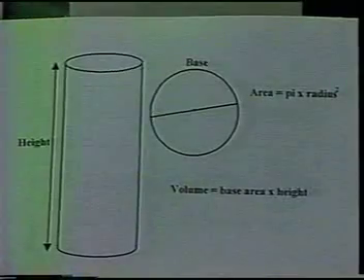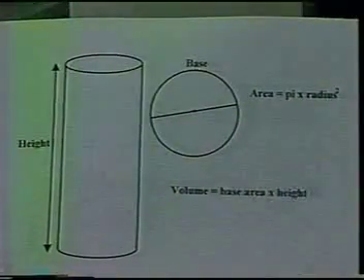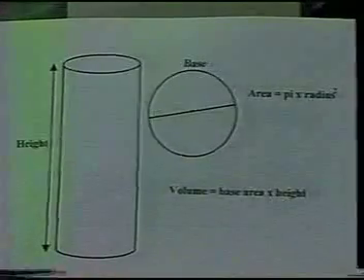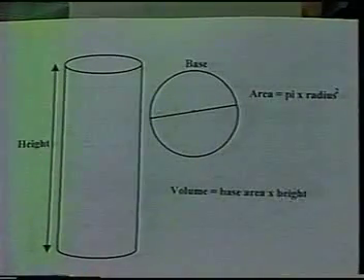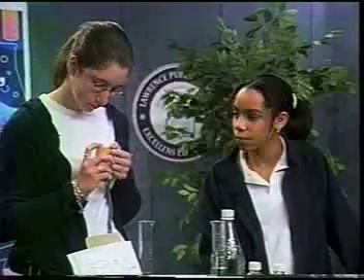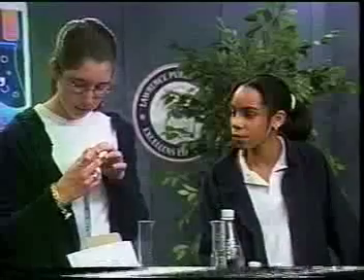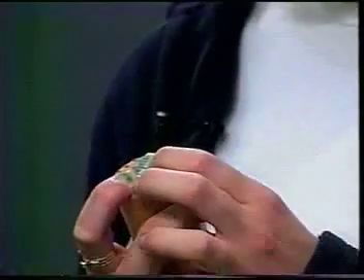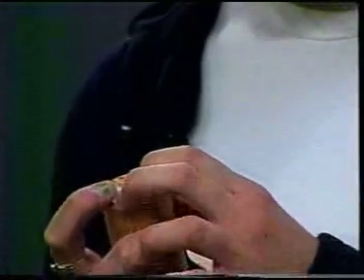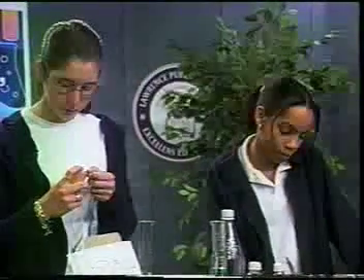What we need to do now is measure the diameter of our circle. 3.5 what? Centimeters. 3.5 centimeters is the diameter. So what's the radius?